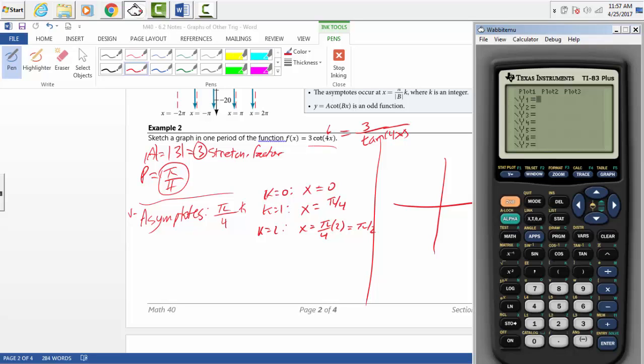So if I go back over here and I go 3 divided by tangent of 4x, this is what allows me to actually write it in as 3 cotangent 4x. So this is equivalent to saying 3 times cotangent of 4x. This is just the way we can do it on the calculator.